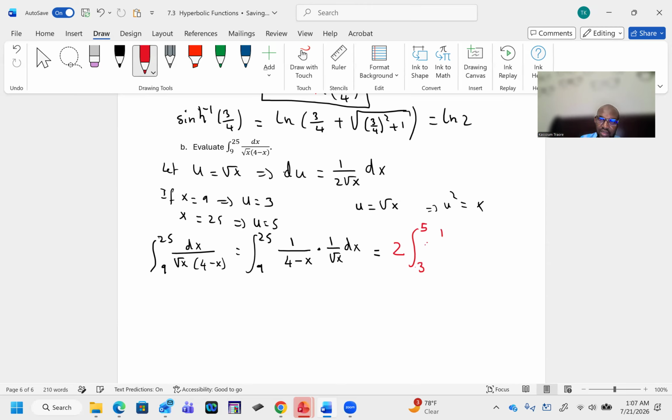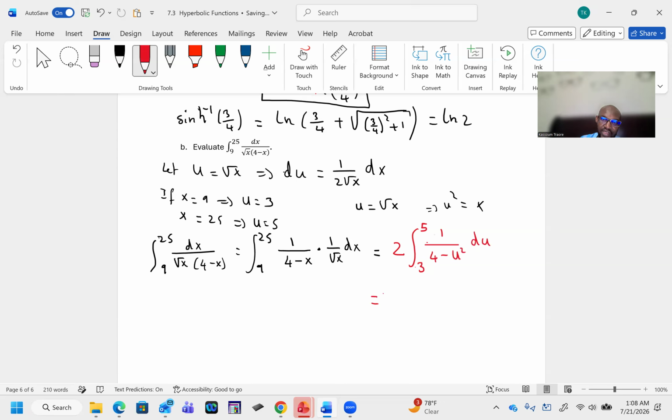1 divided by 4 minus u squared du, which is the same thing as du divided by 4 minus u squared. And then what is this? Anybody? This is the inverse hyperbolic cotangent, right? And what is my a? 2.